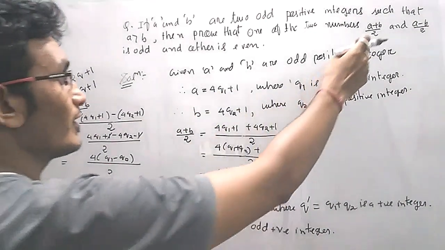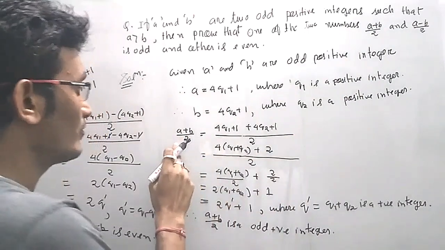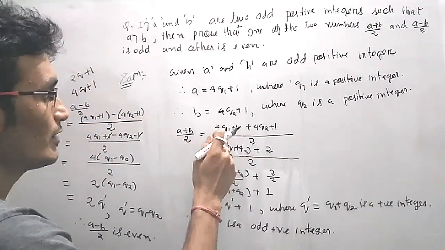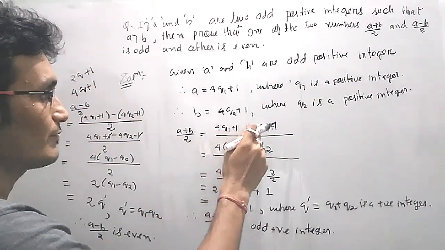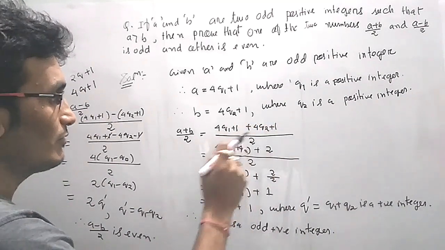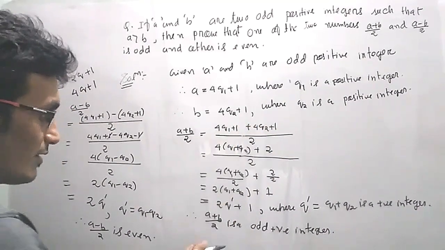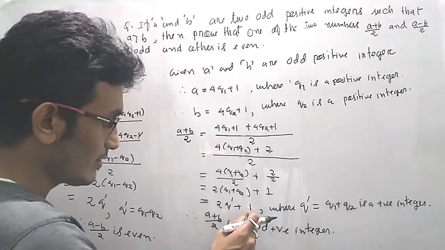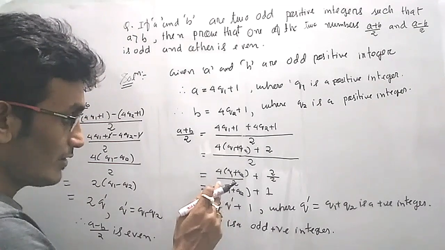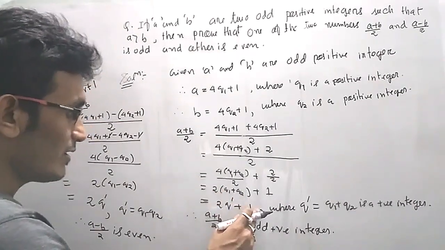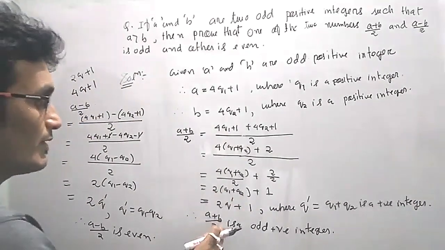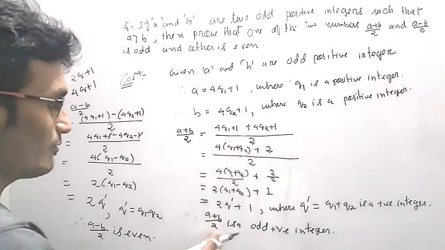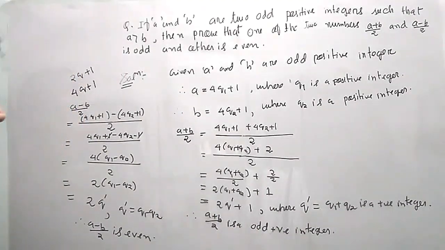So first we find the value of (a plus b)/2, which equals (4q1 plus 1 plus 4q2 plus 1) divided by 2. After simplifying, in the last step it becomes 2q dash plus 1, and we know that 2q plus 1 is the expression of odd positive integers. It means (a plus b)/2 is an odd positive integer.